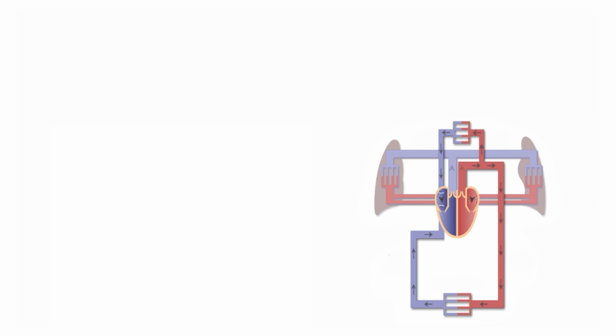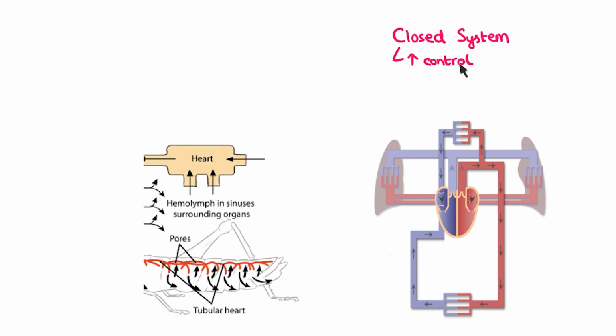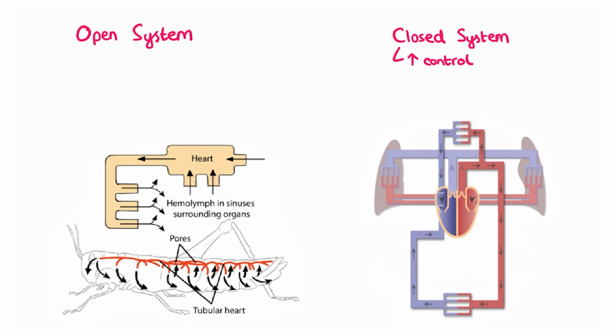Finally, one last thing I want to mention before we conclude this lesson is that thanks to it being a closed system, the circulatory system of animals like mammals has a greater degree of control as to how much blood is delivered to different parts of the body. This is in contrast to an open system, which we see, for example, in insects, which have a lot less control.